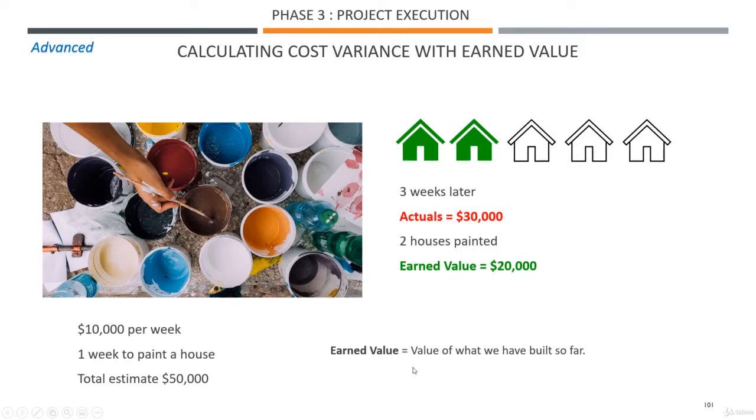So the earned value, which is the value of what we have built so far, is $20,000. Because we were expecting $10,000 expense per house. But now we only have 2 houses painted, and we already paid $30,000, so it's not looking good moving forward. So here you go, this is your first example.